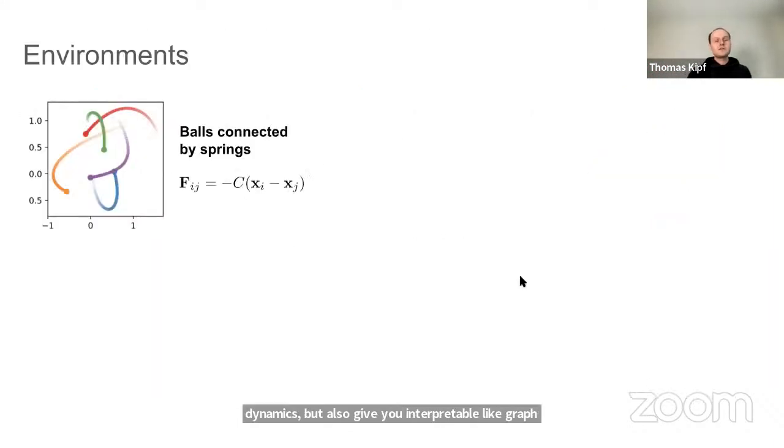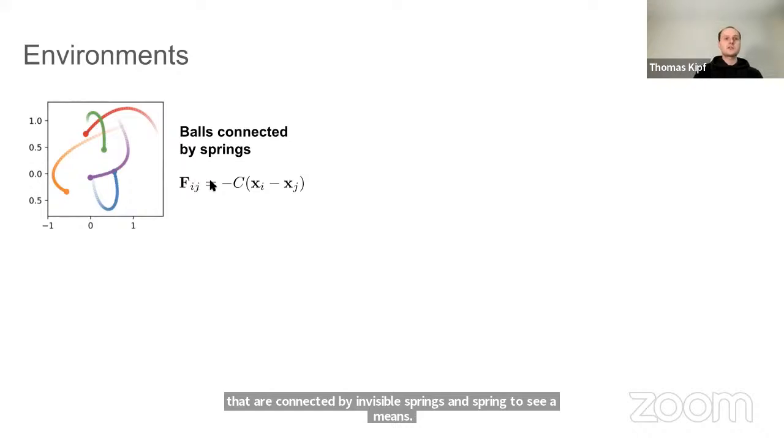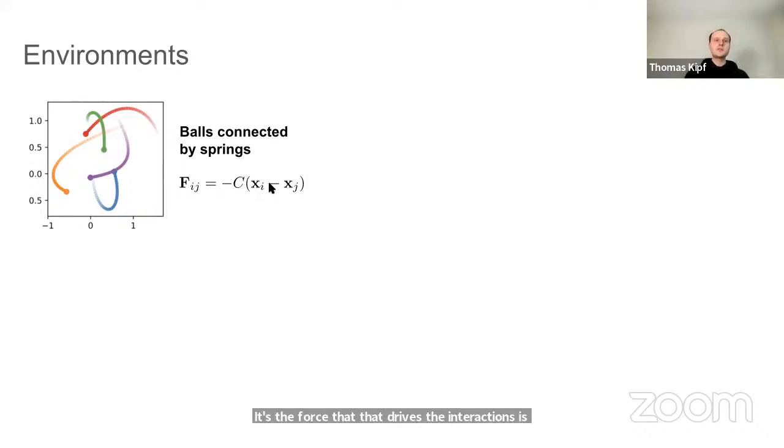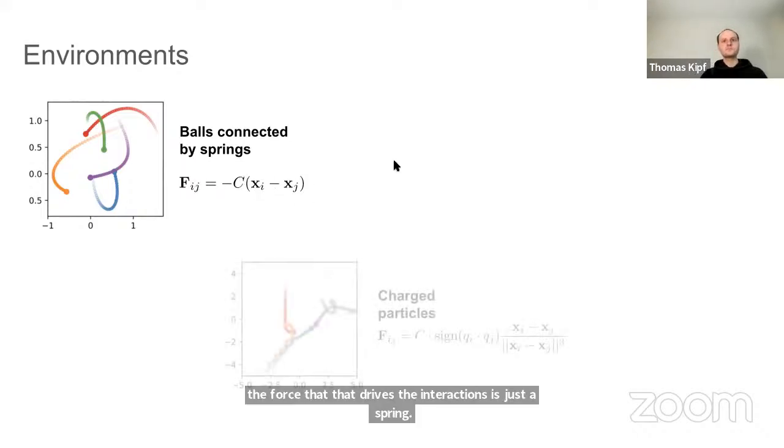And so we tested this on a range of toy environments at that time, where we have, for example, a little 2D box where we have some balls that are swirling around that are connected by invisible springs. And spring just here means the force that drives the interactions is just a spring constant times the distance of the particles.